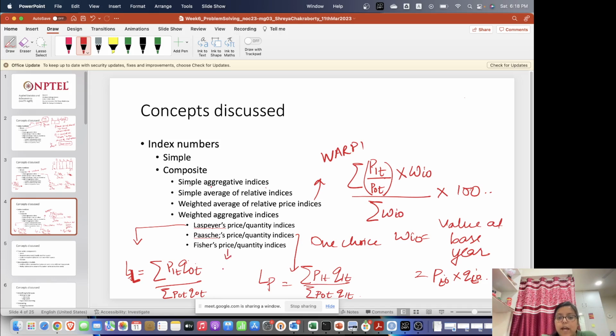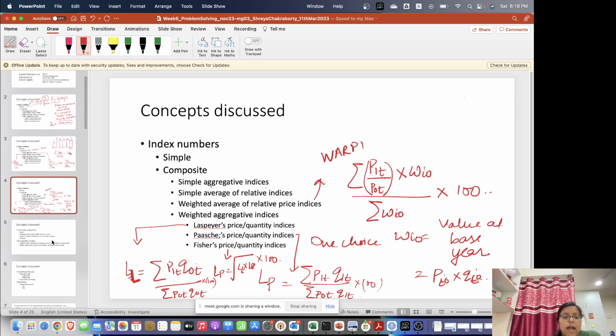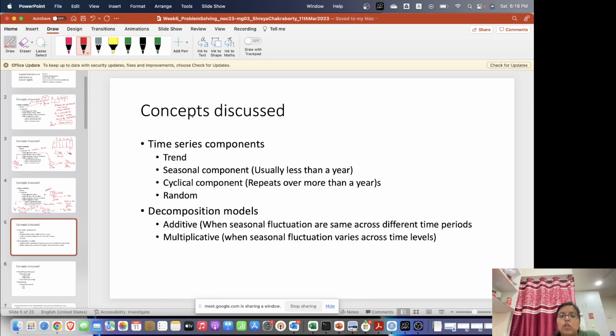And Fisher's price index is nothing but the geometric mean of the Laspeyres and Paasche's indices into 100. Okay, this was discussed regarding index numbers. And then we proceeded to the discussion in the context of time series.